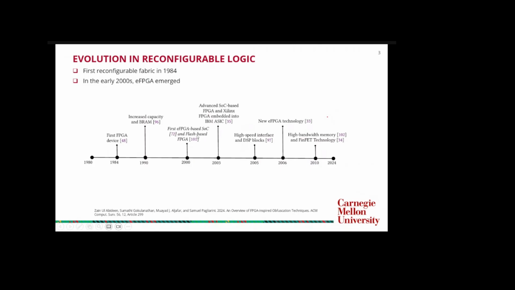After that, in the early 2000s, there was a new thing called embedded FPGA. They tried to embed FPGA inside SoCs, and they introduced flash-based FPGAs. This whole process evolved so rapidly that today we have very good FPGA architectures in FinFET technology, right?